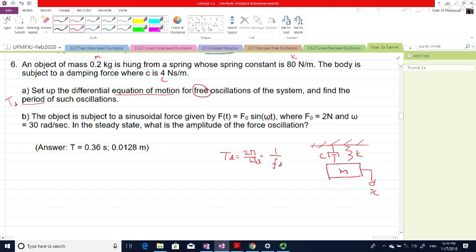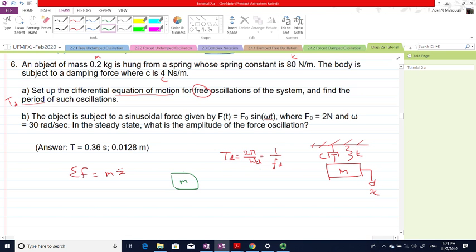The equation of motion will have damping, so the summation of all forces equals mass multiplied by acceleration. We have acceleration here, so it's not equal to 0. The forces acting over the mass: the first force is the spring force, as you pull it in this direction, or if it's moving in this direction.